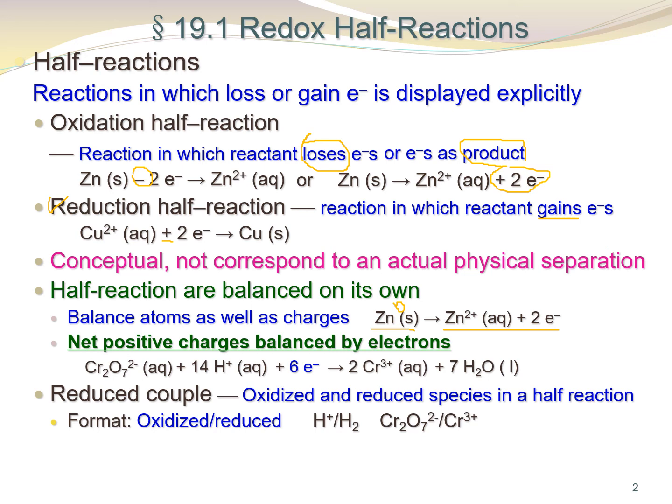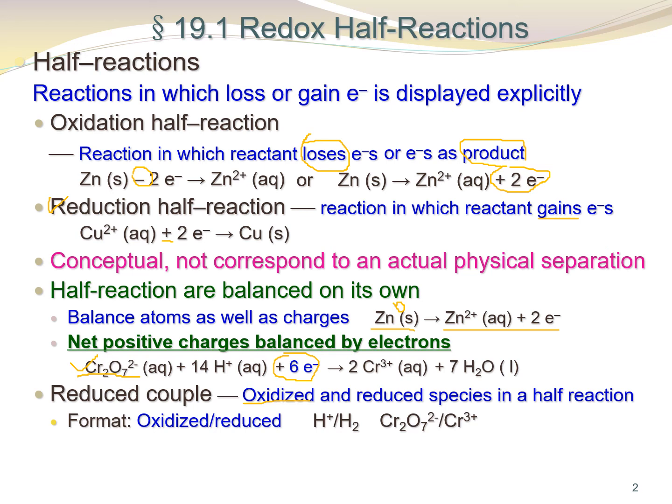So for example, because I have dichromate on the same side as the electrons, this one is what we call the oxidized species, that is why it requires electrons to be reduced.